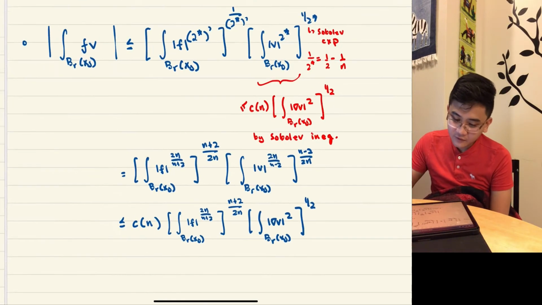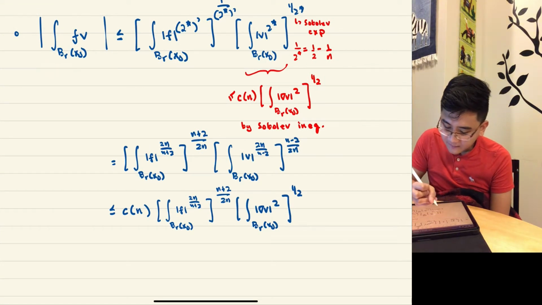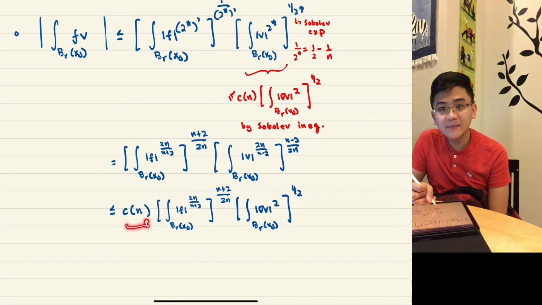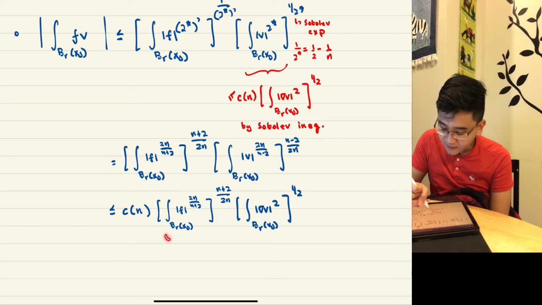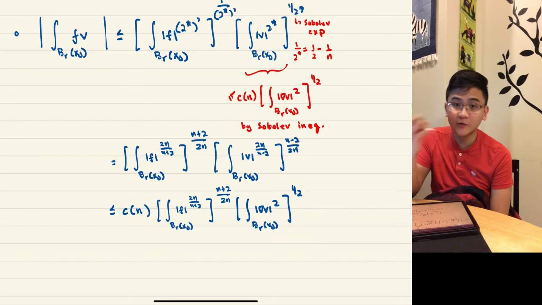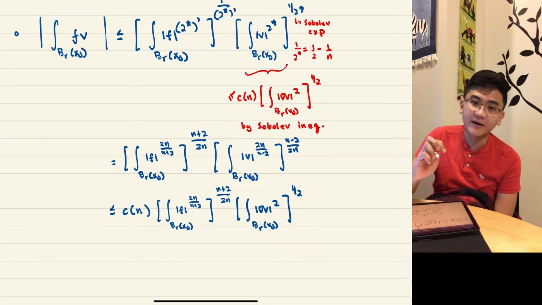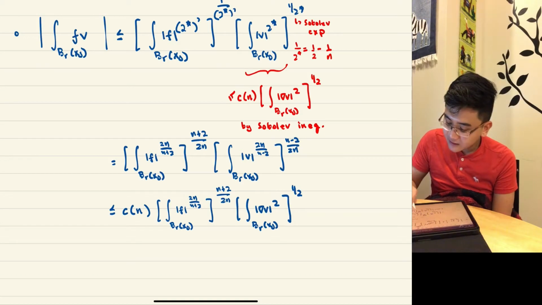Okay. So far, what do we have? We have that we can control this term by a constant dependent only on n, not on v, times the product of this times this one, which is sort of what we want because we want this to appear so that we can move it to the other side. But note that it doesn't occur by itself. It's multiplied by this thing.